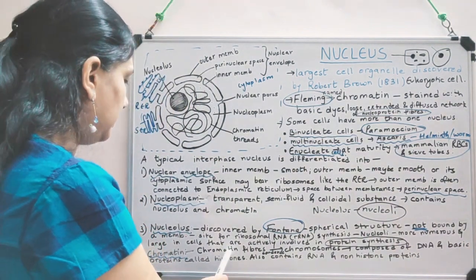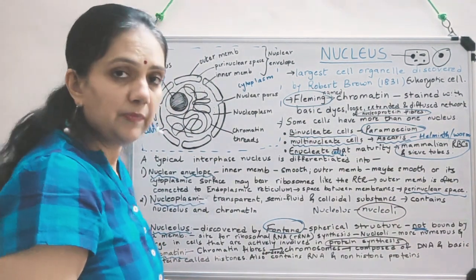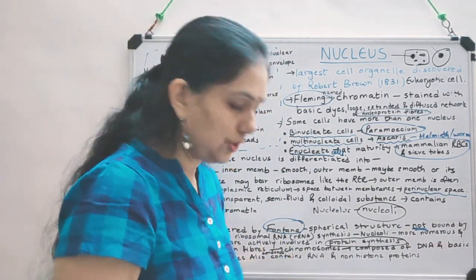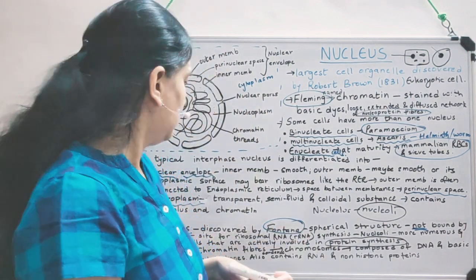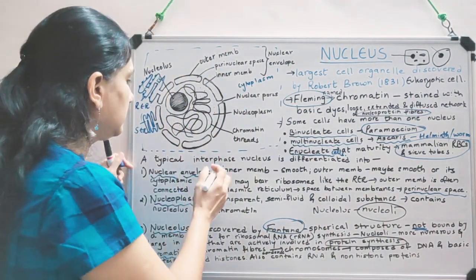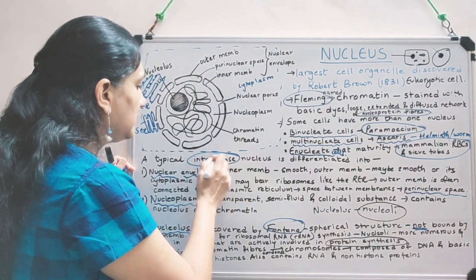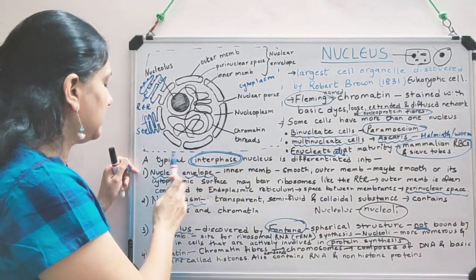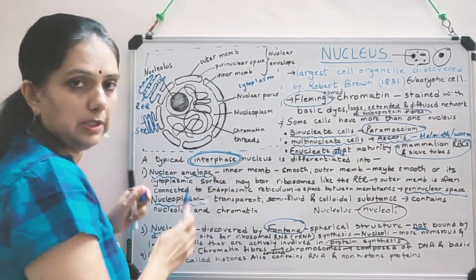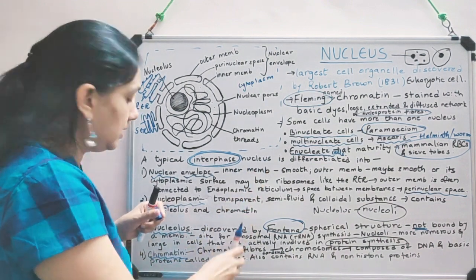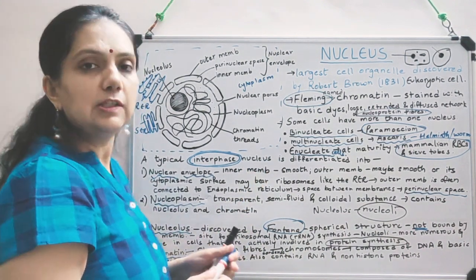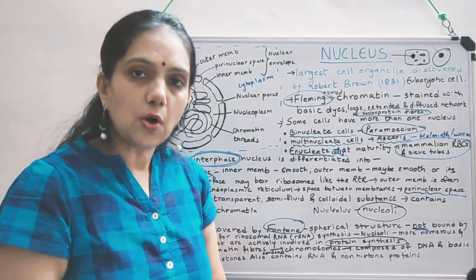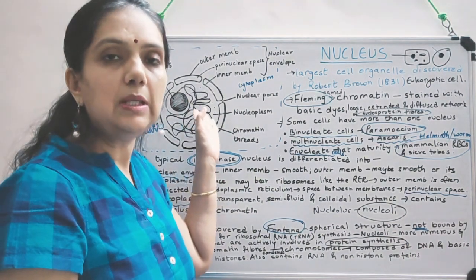What we have learned here is a typical nucleus in the interphase stage, and this interphase nucleus has four parts. Interphase nucleus means when the cell is not dividing. When the cell is not dividing, the structure would be like this.